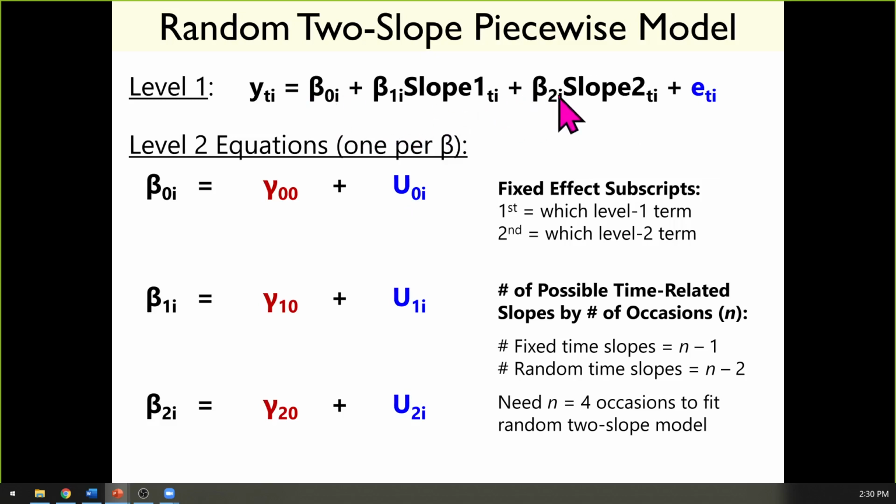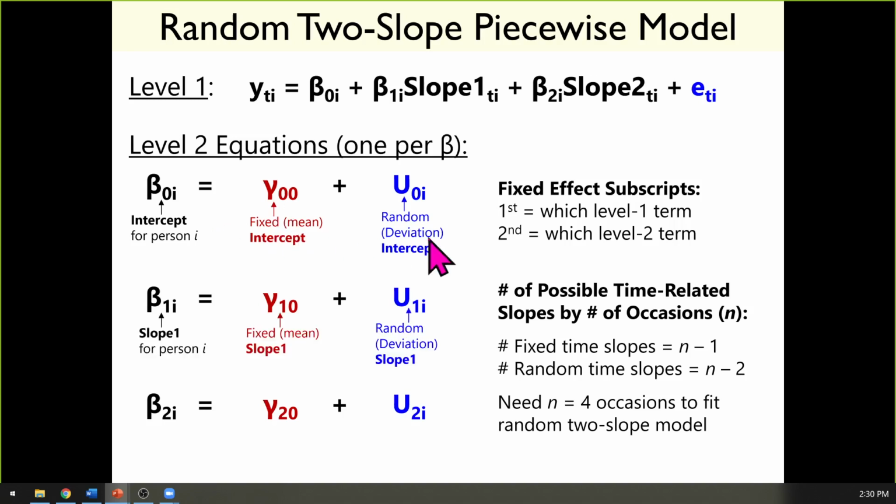Because I've got my 3 betas at level 1, I got my 3 level 2 equations, 1 for each. So then the red part is the fixed effect, the blue part is the random effect, and so I would have a fixed intercept and a fixed slope for each piece, and potentially a random slope for each piece as well. So exact same set of concepts, just redefining what we mean by time.